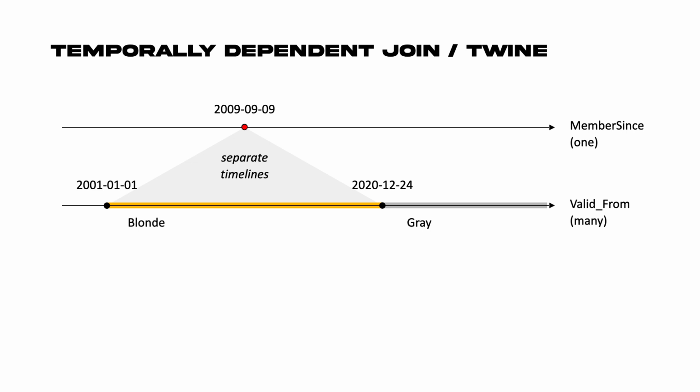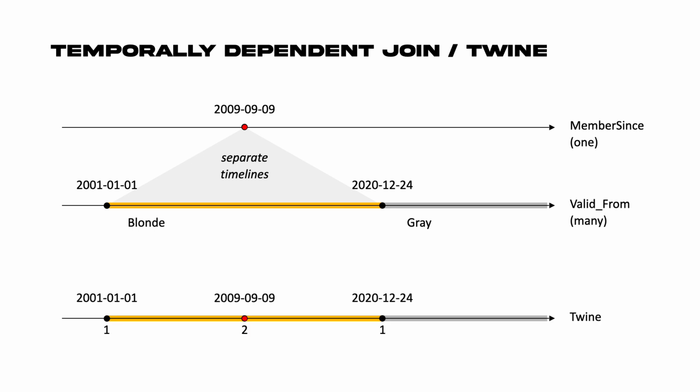And it was when we were looking at the problem like this that we figured out that what if we combine these two timelines into one single timeline? And we call this combination of timelines a twine.